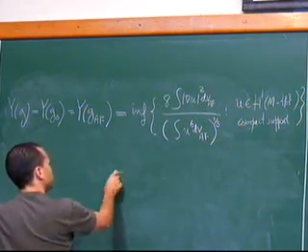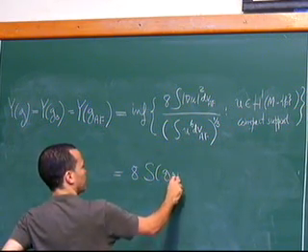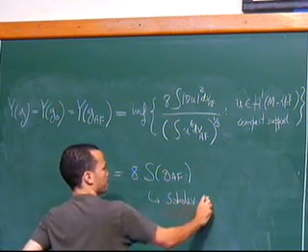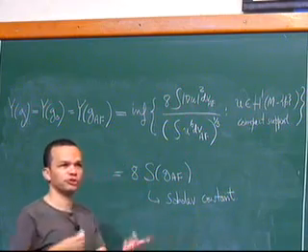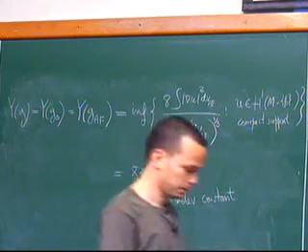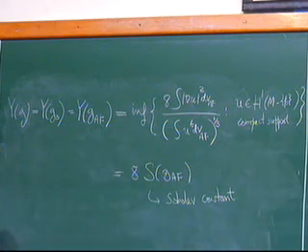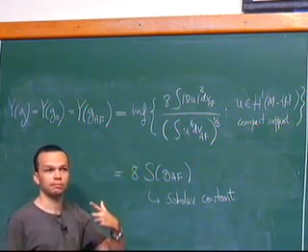But then the observation is that this is exactly 8 times S of G_AF, where S is the Sobolev constant. Maybe the inverse of the Sobolev constant or anything, but let me just put it this way. So now we have a connection between the Yamabe constant and Sobolev constants of asymptotically flat manifolds.